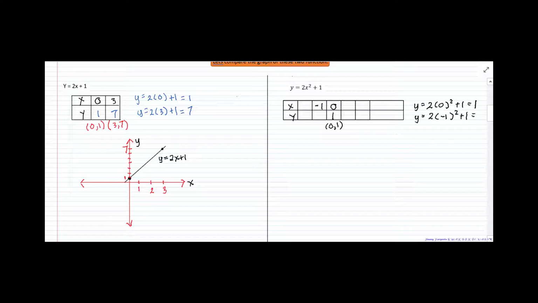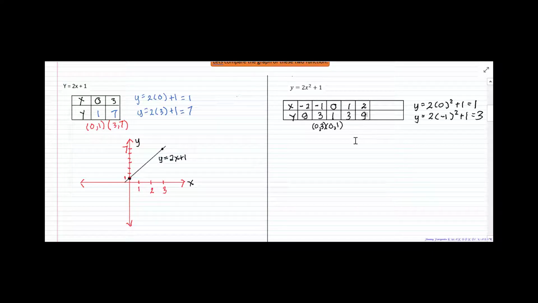The result will be 3. So I write 3 right here, and then I get the second point. And then so on, negative 2, 1, and 2. For negative 2, 1, and 2, I already calculated for you. It will become negative 2, 9, 1, 3, and 2, 9.